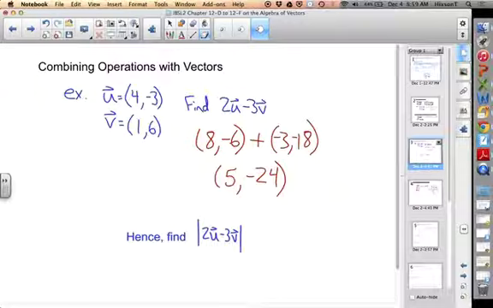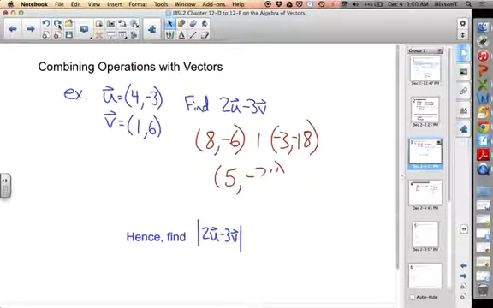You could either do it where you multiplied v by a negative 3, and then it would be addition, or just minus, and 3 times, or minus a positive 3, positive 18.